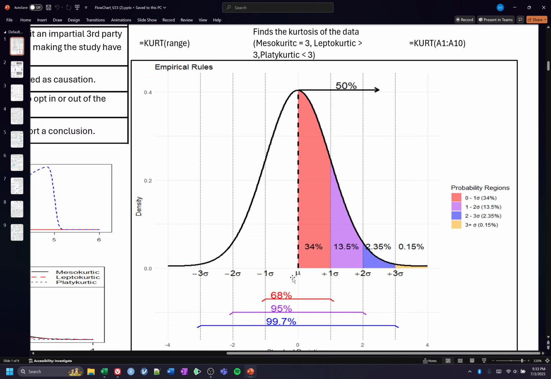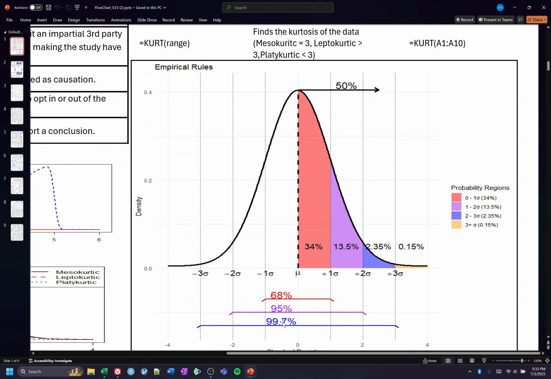Now, plus or minus 2 standard deviations would account for 95% of all observations if it follows a normal distribution. And 99.7% is the percentage if we go plus or minus 3 standard deviations. That's our empirical rules.